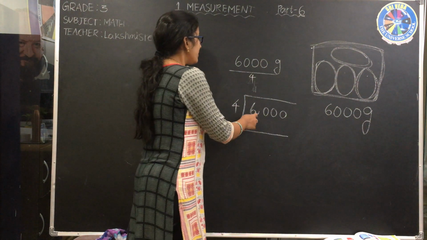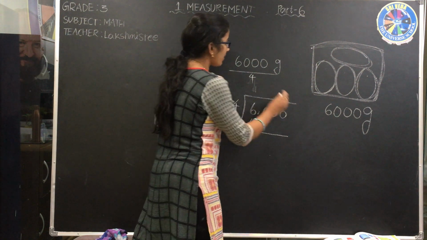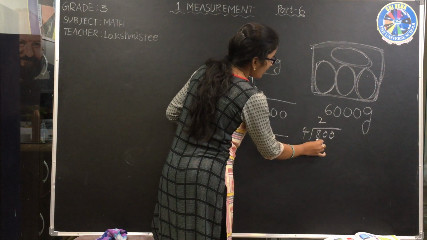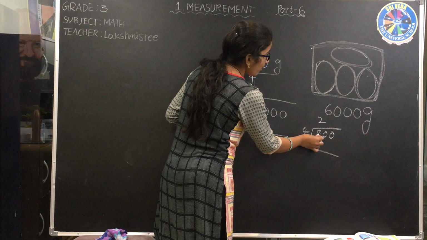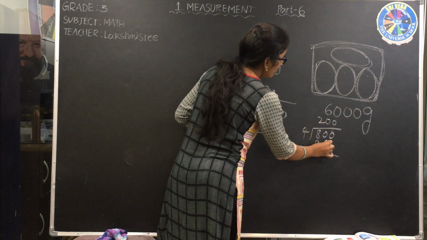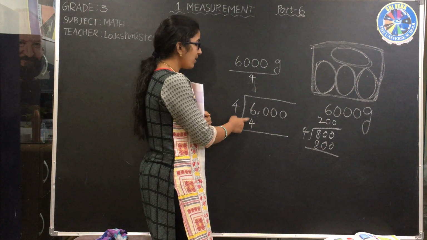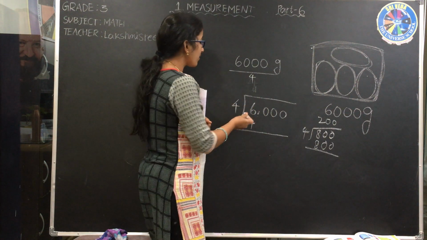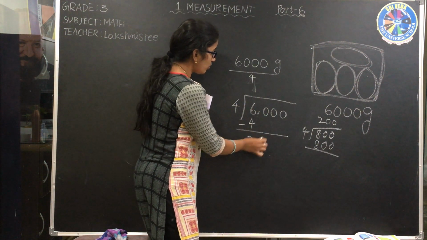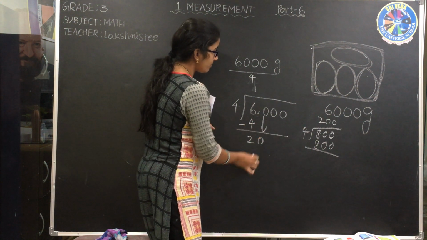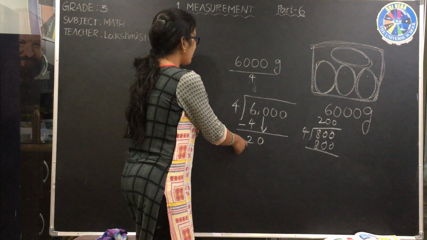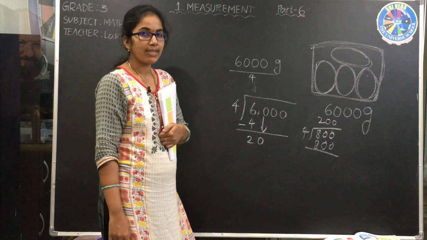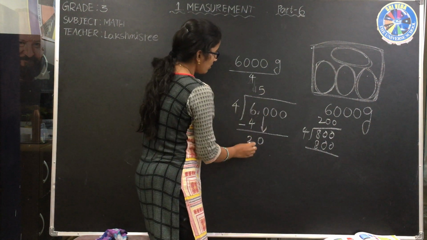If it is an exact number like before, 800 divided by 4, 4 twos are 8, here we got the exact number. So here we added 2 zeros. But here it is not an exact number. This is less. So here no need to add zeros. 6 minus 4 is 2. Then bring this 0 down. 20. Where do you get 20 in the 4 table? 4 ones are 4, 4 twos are 8, 4 threes are 12, 4 fours are 16, 4 fives are 20.